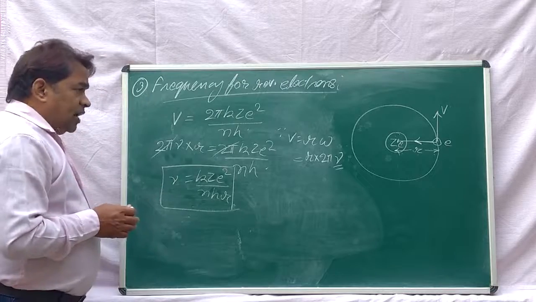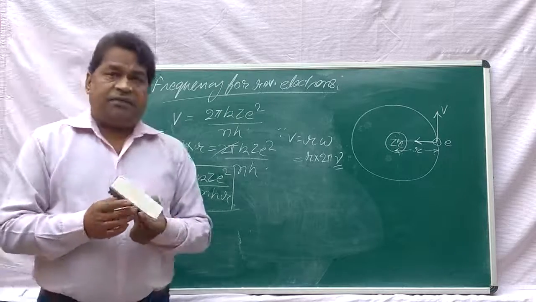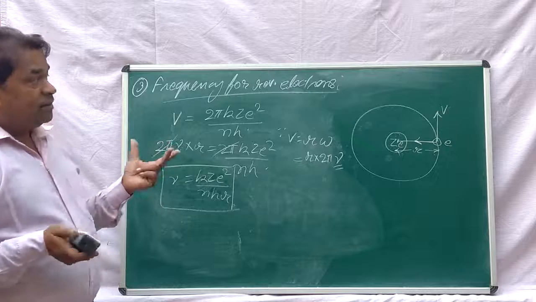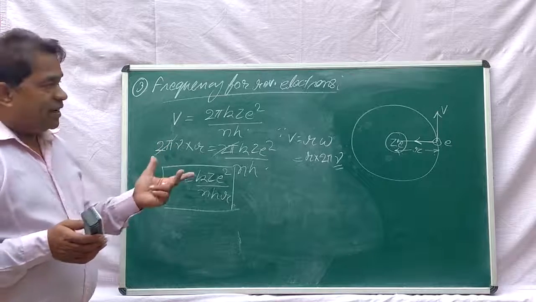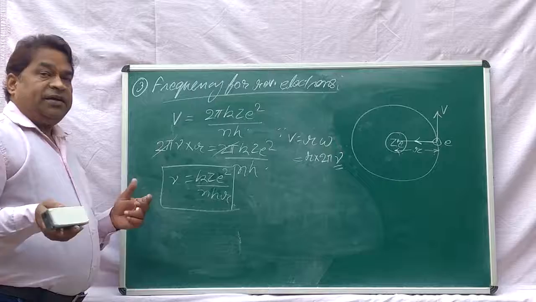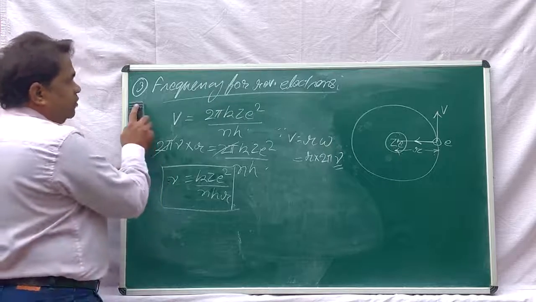Now further, the last very important article is the total energy of the revolving electrons. So we are going to find out the total energy of revolving electrons in Bohr's orbit.